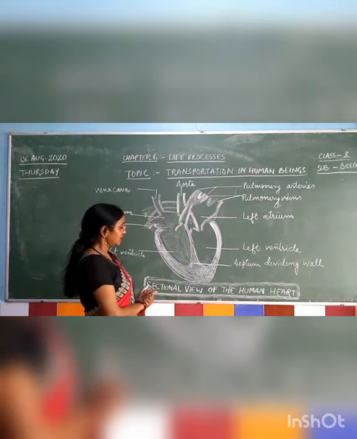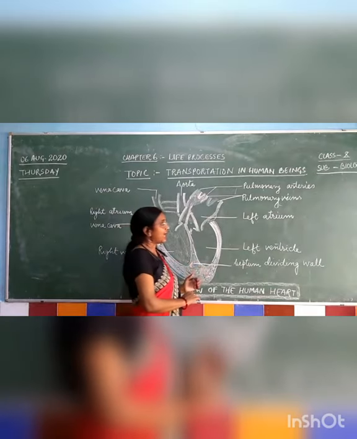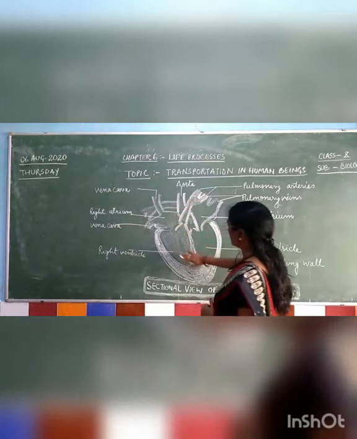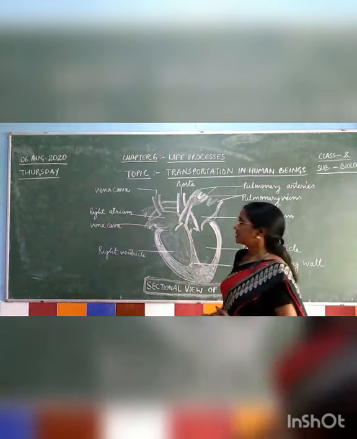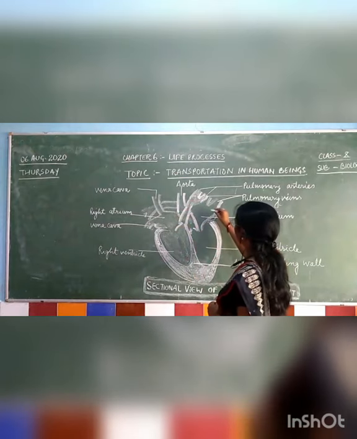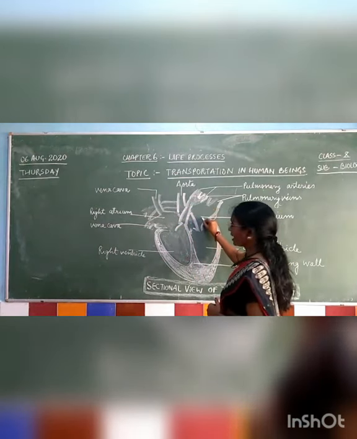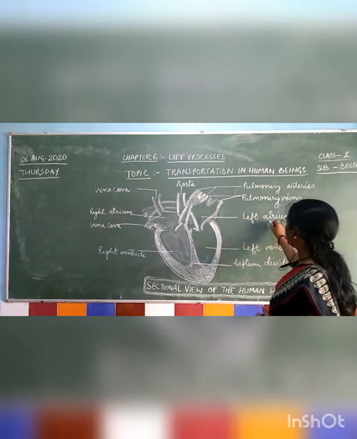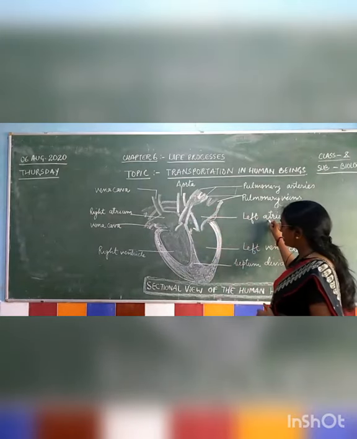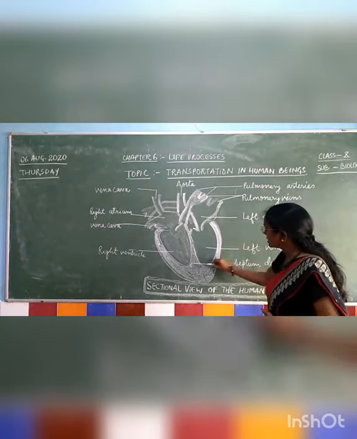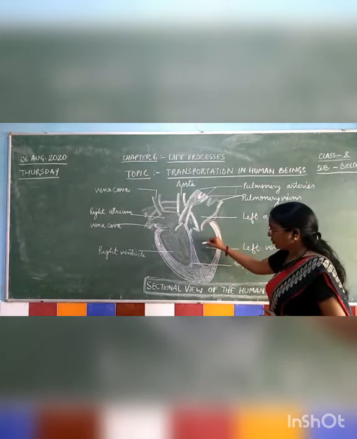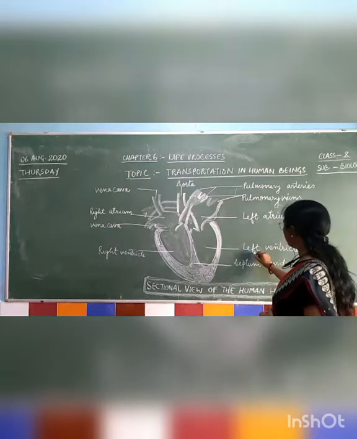Let's start. This is a human heart having 4 chambers. This is the first chamber, the left atrium. Side by side, you can also see another chamber placed posterior to it, that is the left ventricle.